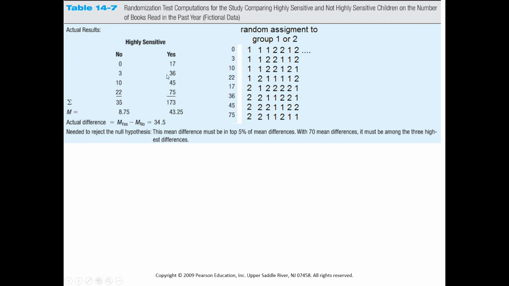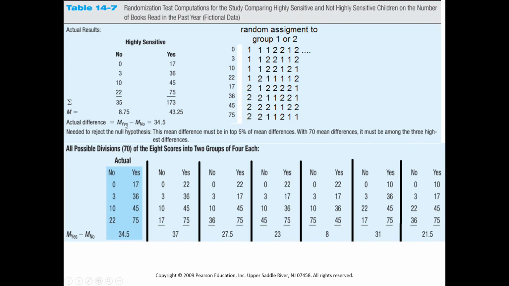In this simple example, I think there are 70 different combinations in which you can assign those groups. We can calculate the difference between the average for one group and the other randomly assigned group, and see how it compares to the original difference. Here are some other examples.